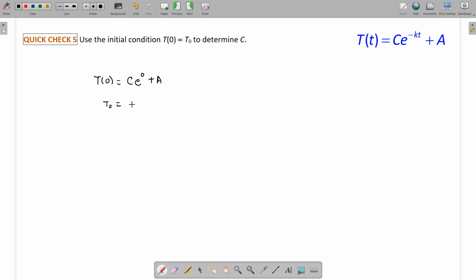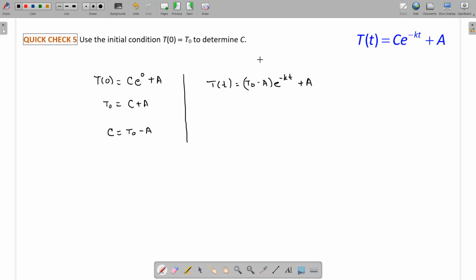E to the 0 is 1, so this would be c plus a. Subtract over, c comes out to T naught minus a. So that gives us the particular solution of T naught minus a times e to the negative kt plus a.